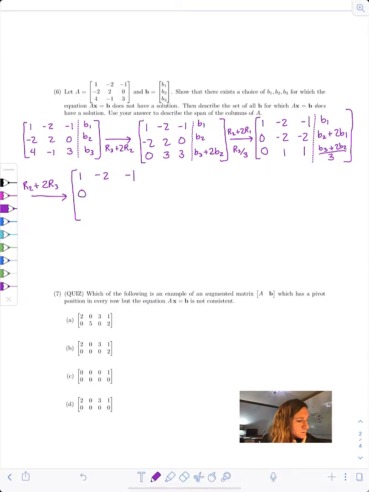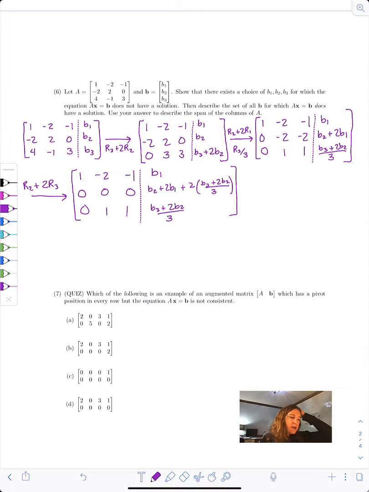So we do row 2 plus 2 row 3, and what you'll notice is we get a row of zeros right there. This matrix is not yet in echelon form. And then we get b2 plus 2b1 plus 2 times this thing here. And then our last row stays the same.